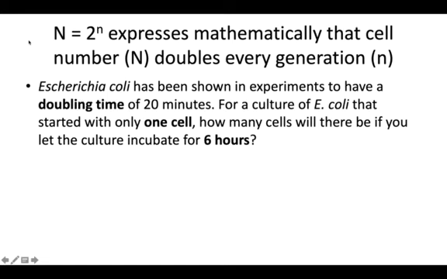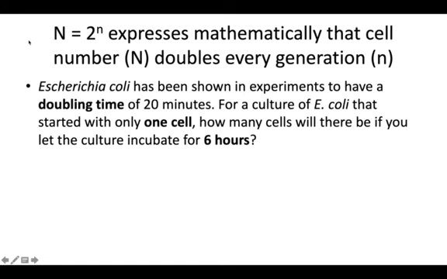So every 20 minutes, Escherichia coli is dividing. For a culture of E. coli that you started with only one cell, how many cells will there be if you let the culture incubate for 6 hours?